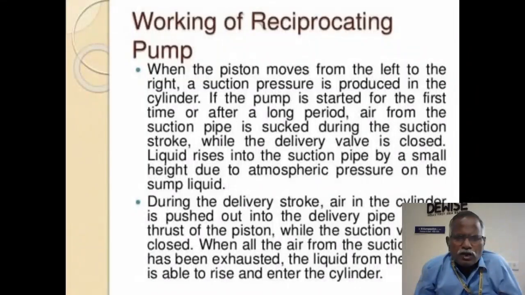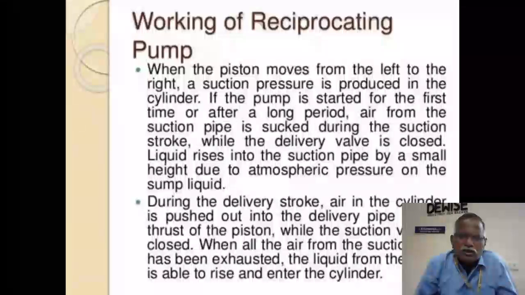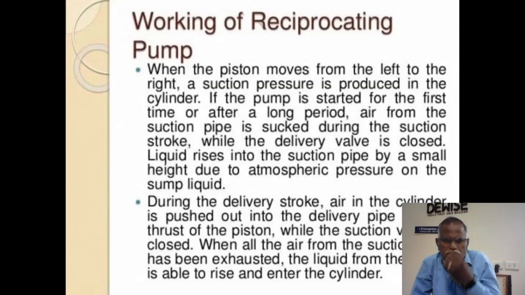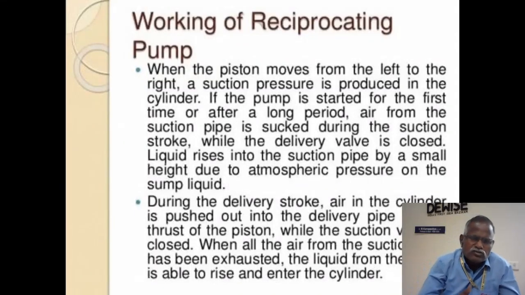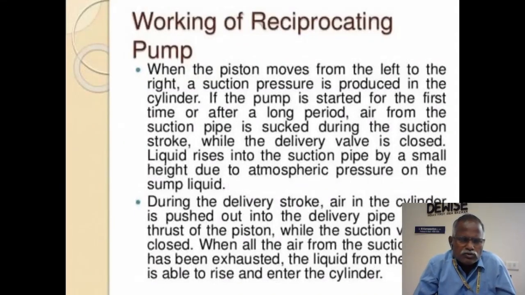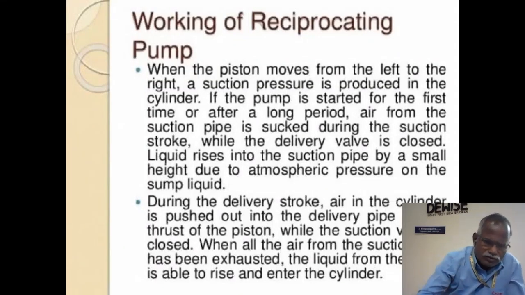Again, regarding the reciprocating pump: when the pump is started the first time, after a long period, the air can be removed by the suction stroke. No priming is required, only the suction stroke. The suction stroke lifts liquid a small height due to the atmospheric pressure and the sump liquid. During the delivery stroke, air in the cylinder is pushed out, and the suction valve is closed.